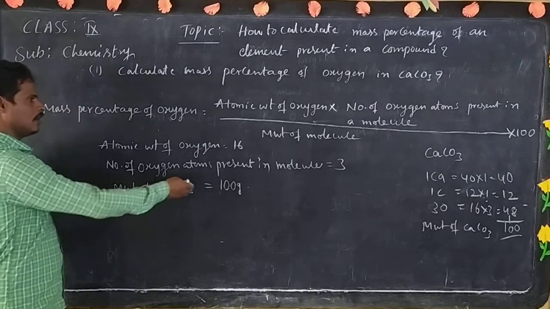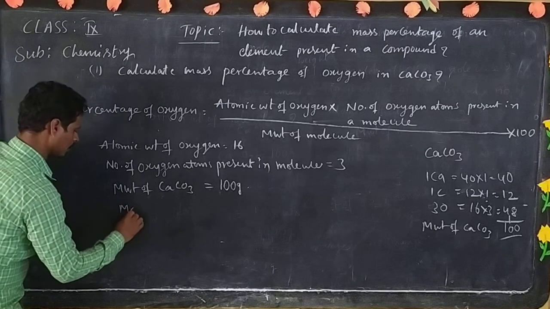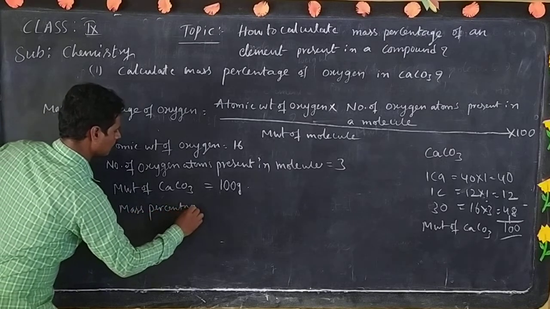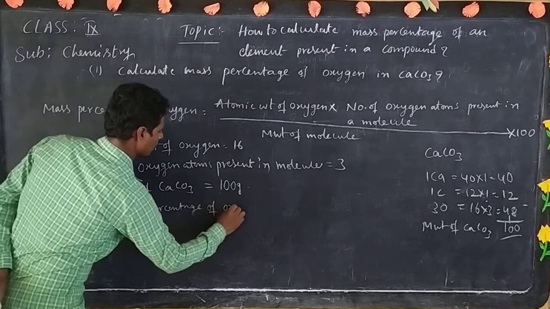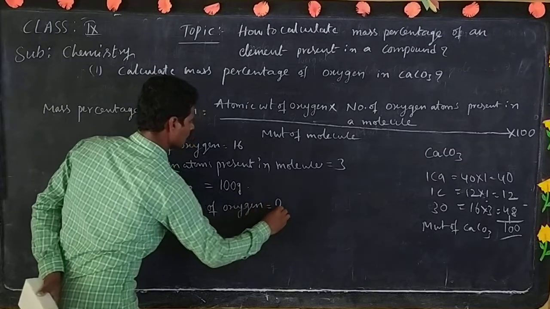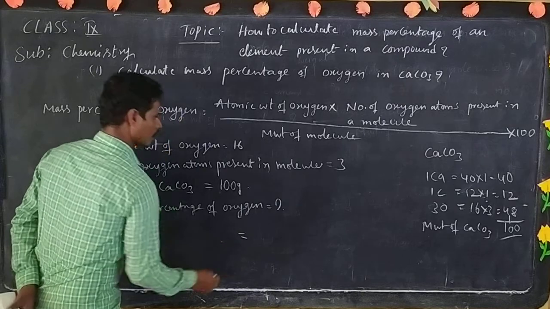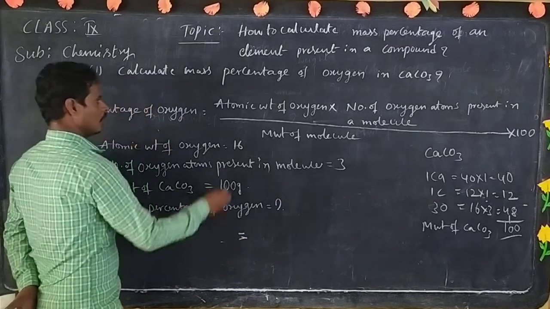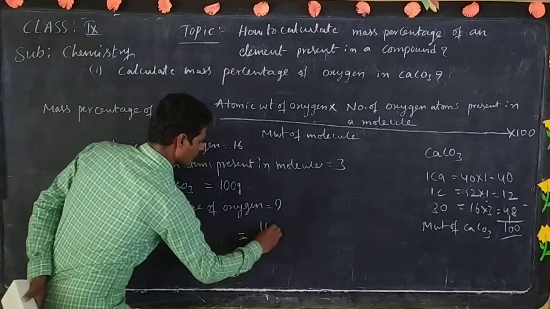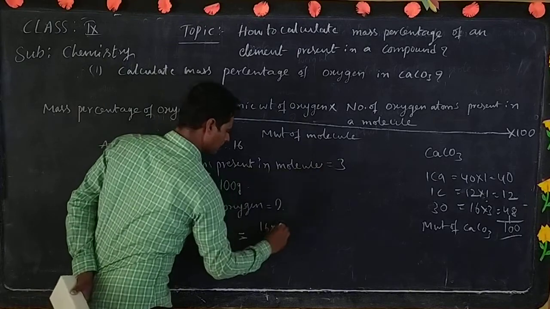Now we apply all these values in the formula. Which one do I have to find out? Mass percentage of oxygen. Good question. Atomic weight of oxygen, how much is it? 16. Number of oxygen atoms present in the molecule, 3.